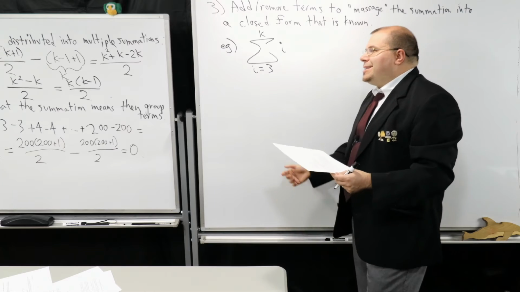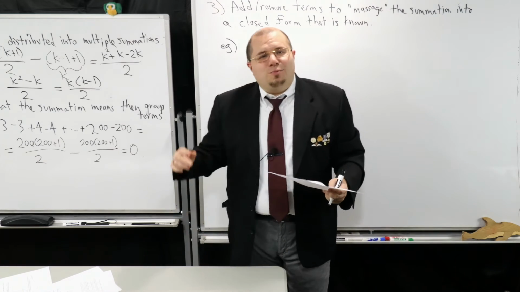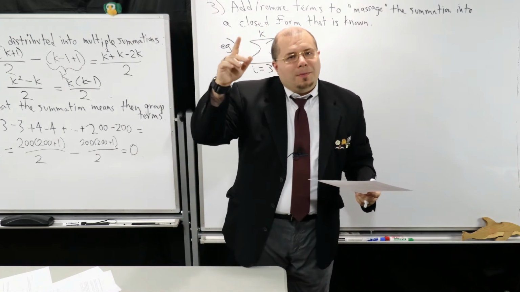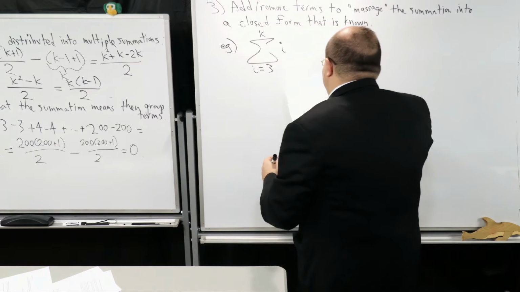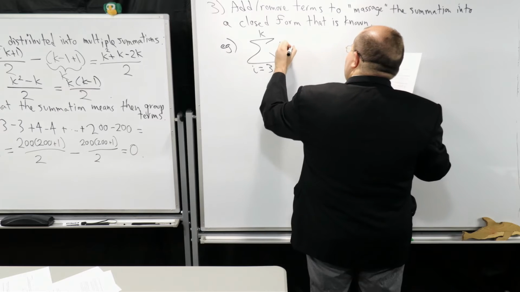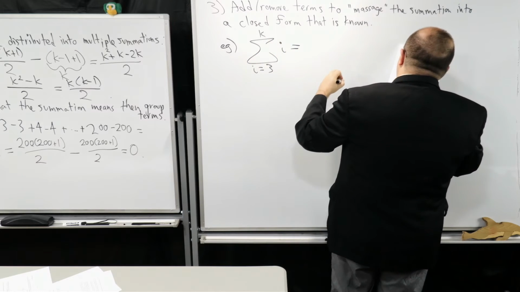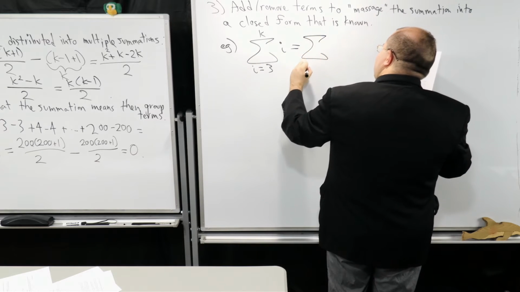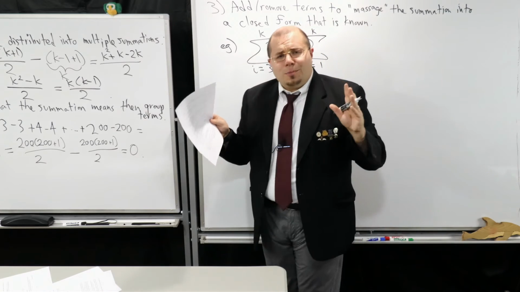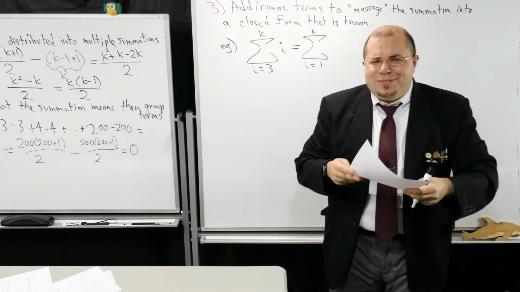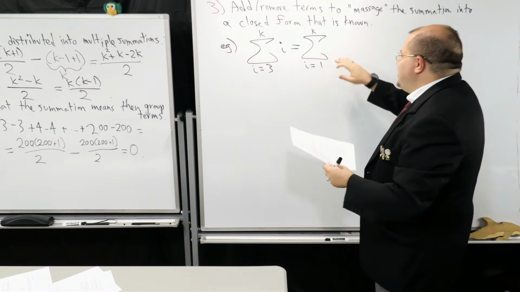Now, to get the thing I would like this to look like, it's 1 plus 2 plus 3. So notice that I need those 2 extra terms, I need to put them in there somewhere. So notice that this is in fact equal, if I massage this. Now, massage is not really a formal term. I just like to use it because it gives you the idea of what I'm going to do.